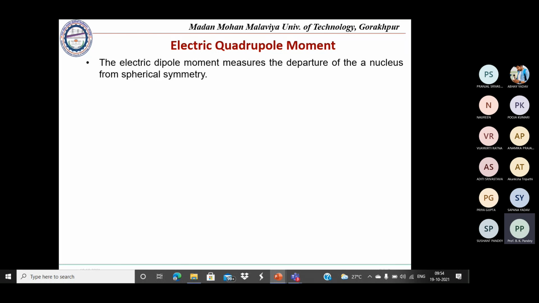Usually it has been considered in the very beginning, with the experimental evidence collected by Rutherford himself, that the nucleus is spherical in nature. But maybe the spherical shape may be deformed, they may have some dilated situation. And if such a situation is prevailing, then we have to consider the electric quadrupole moment of the nucleus itself.